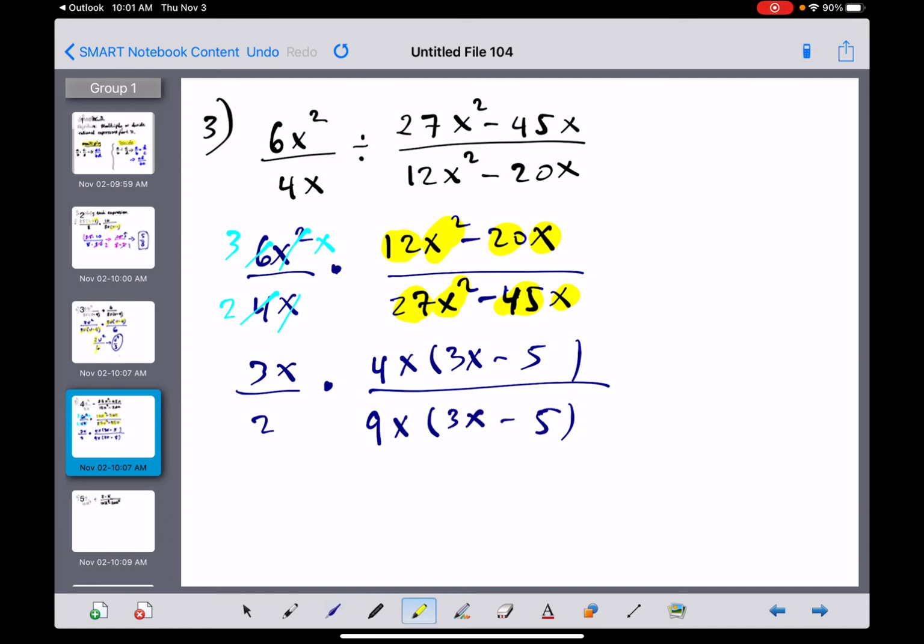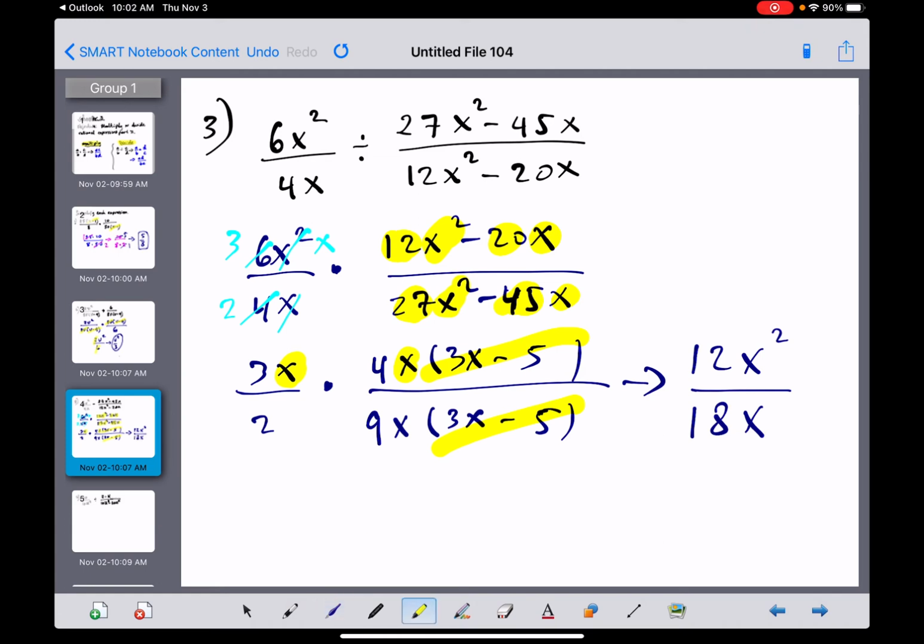So now after you factor it out, you see that the binomials match exactly. You're allowed to cancel that. Then on top we have 3 times 4 is 12x. Sorry, x times x is x squared. So 12x squared on top. Then we have 18x.